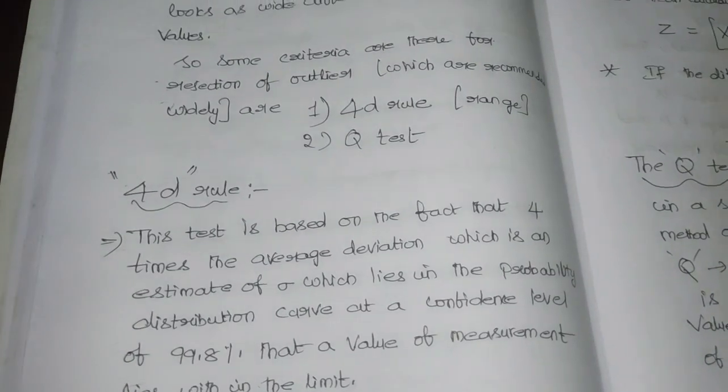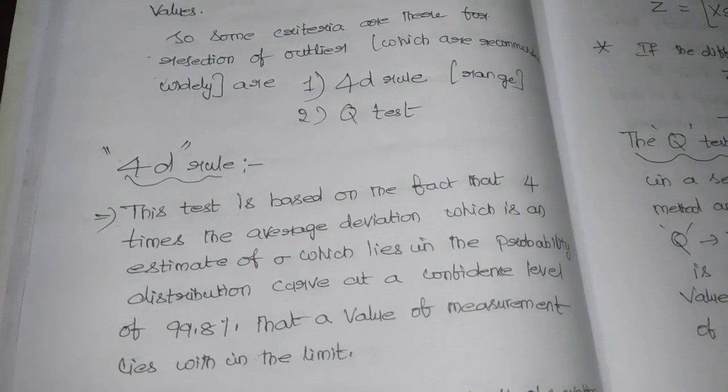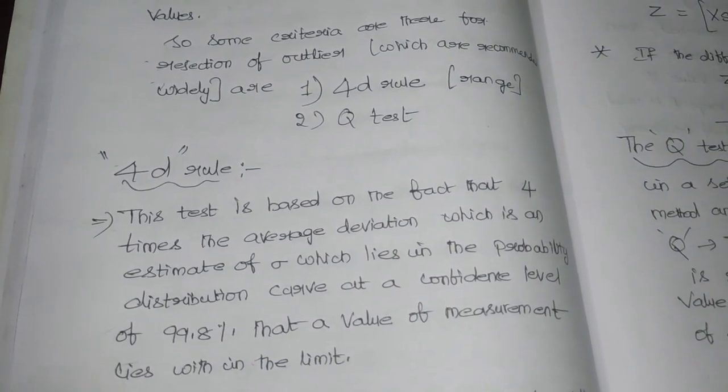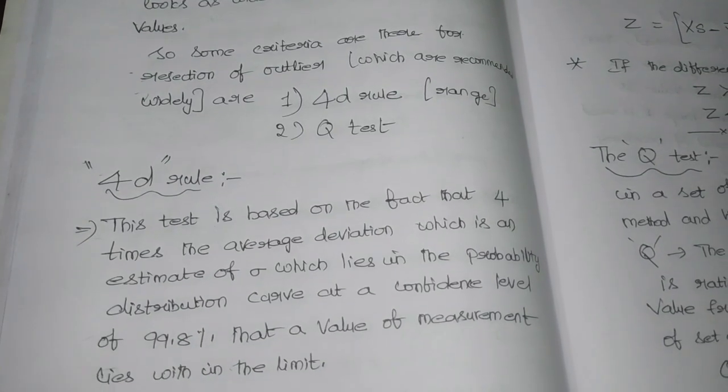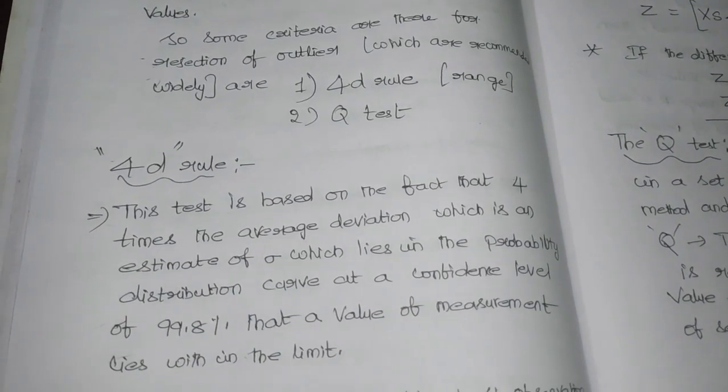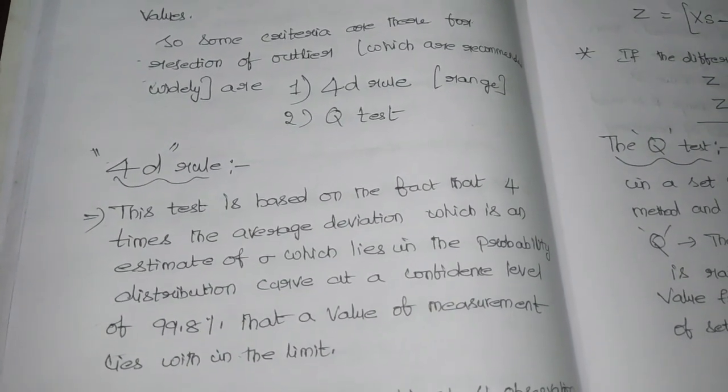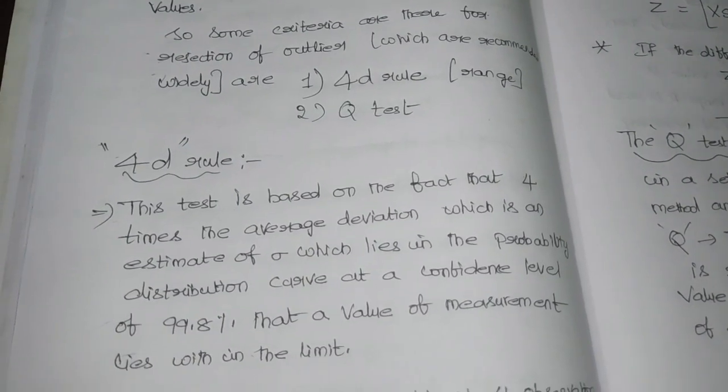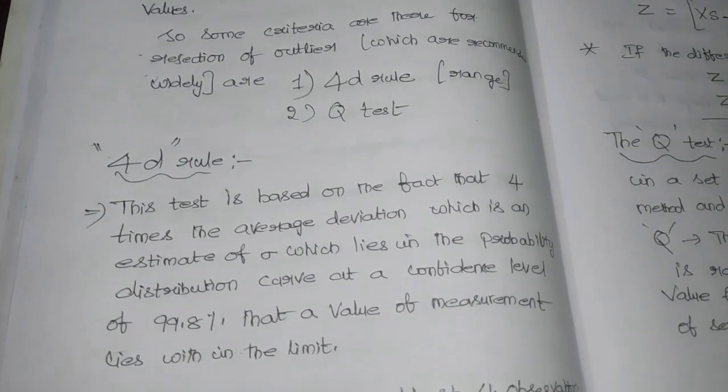So we take the average deviation and multiply it by 4.